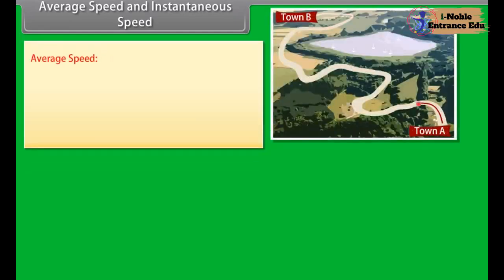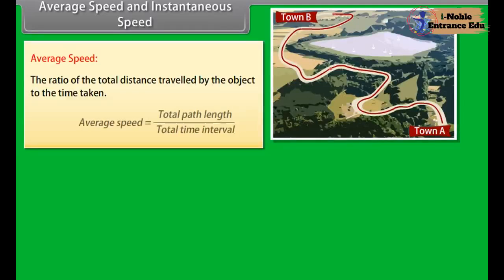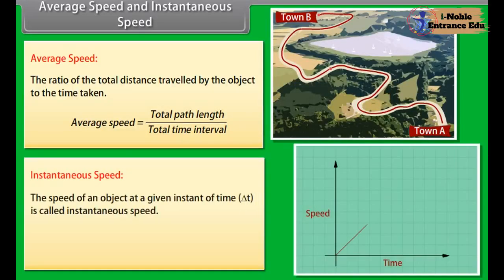Average speed. The ratio of total distance traveled by the object to the time taken. Therefore, average speed is equal to total path length upon total time interval. Instantaneous speed. The speed of an object at a given instant of time is called instantaneous speed.